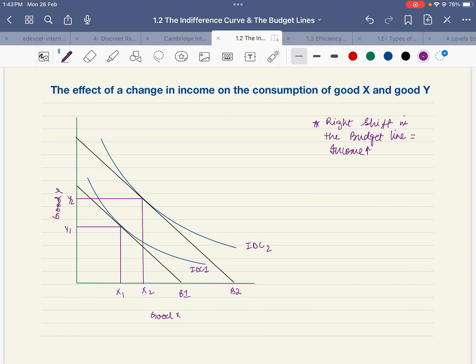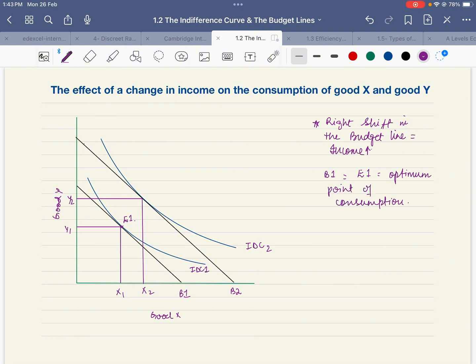Now, what is the optimum combination of products or optimum bundle that the consumer would be consuming? When budget line is B1, optimum bundle is E1, which is this point. What is E1? E1 is the optimum point of consumption.